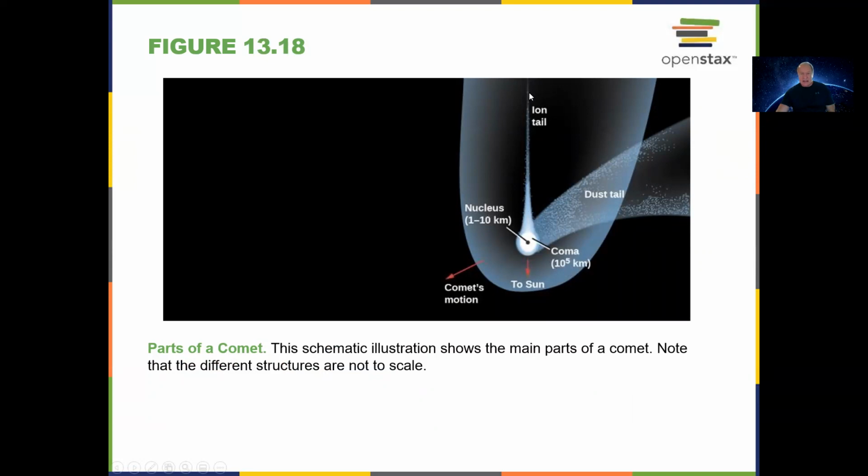And then there's an ion tail that points away from the sun. So as the comet moves around the sun, we see the dust in the opposite direction of its motion, and it spreads out as it moves away. And the sun is driving the ion tail in this direction, with the energy from the sun.